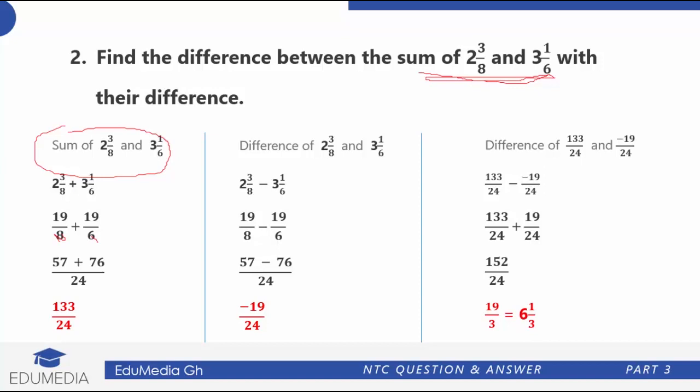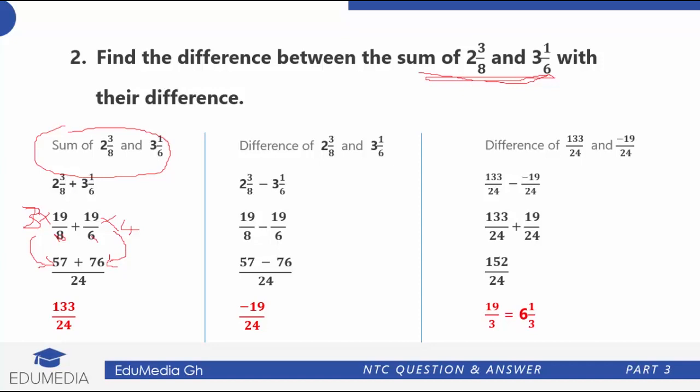So here we have 19 times 4, and here we have 3 times 19. 3 times 19 gives us 57, and 19 times 4 gives us 76. I hope you get this.